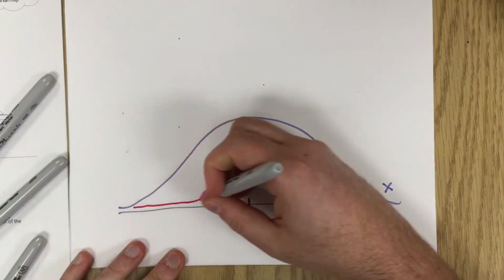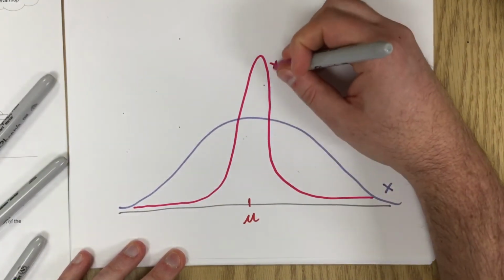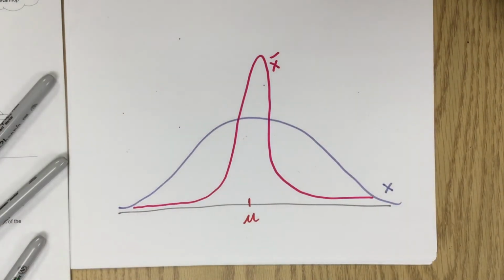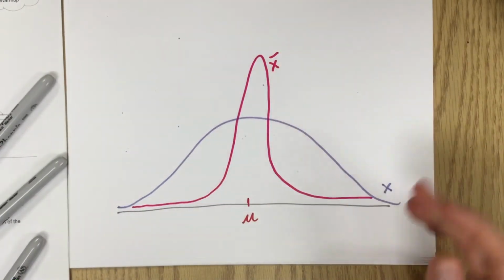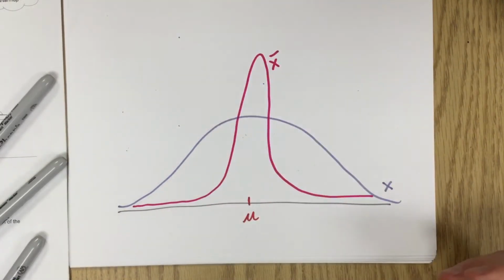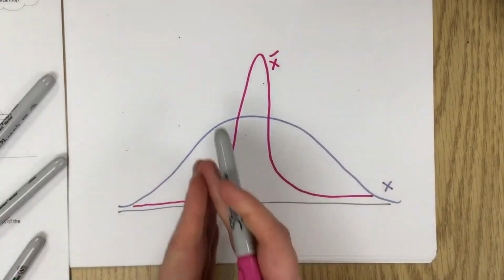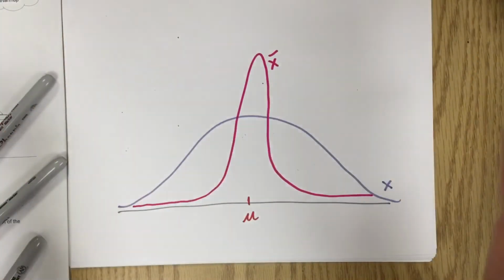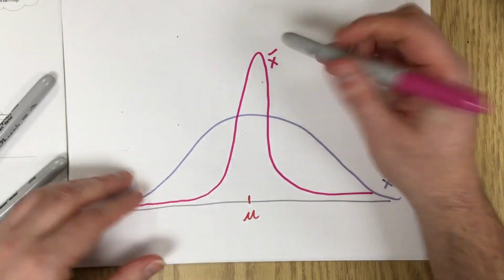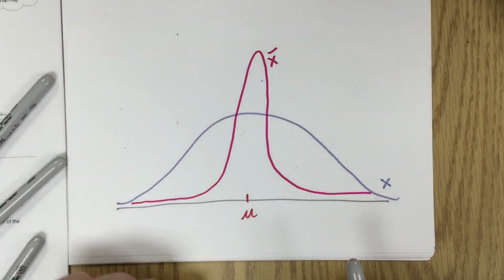So the distribution of averages would look something more like this. The mean of the sample means is going to be pretty much the same as the mean, but what's going to change is the standard deviation. How far away the sample means get from the mean is going to be less. The sample means are going to be closer to the mean.